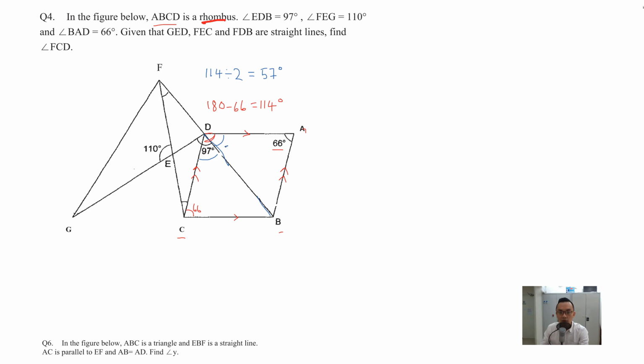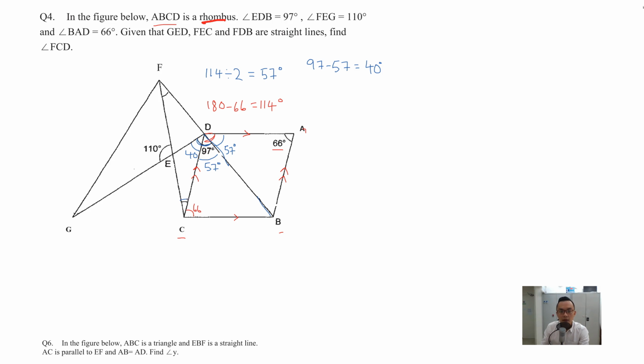So therefore this angle is 57, and this angle is also 57. I know that this angle is 97, therefore I can find this angle, which is 97 minus 57 equals 40 degrees. So this angle is 40 degrees.